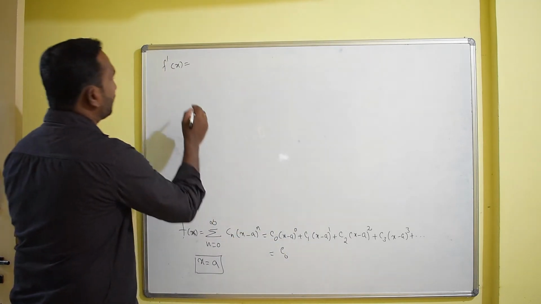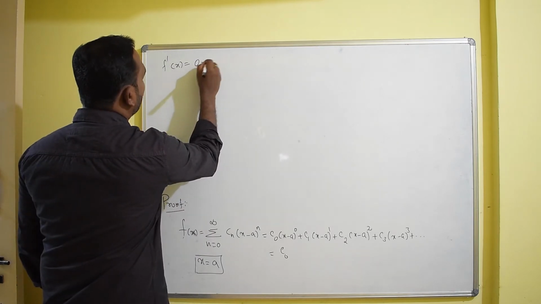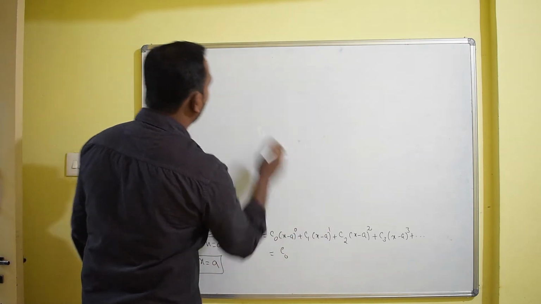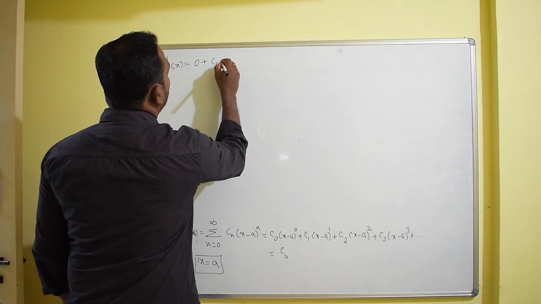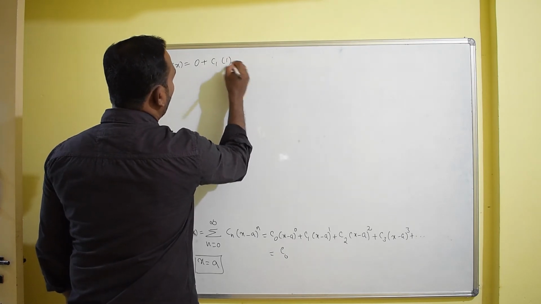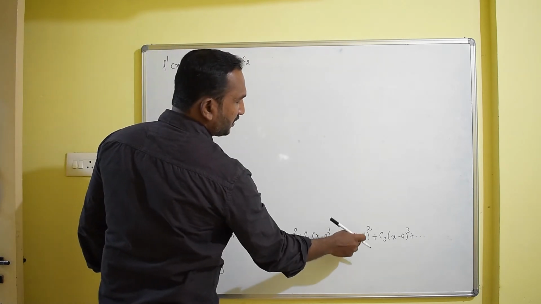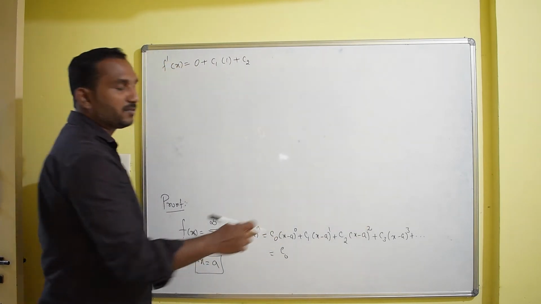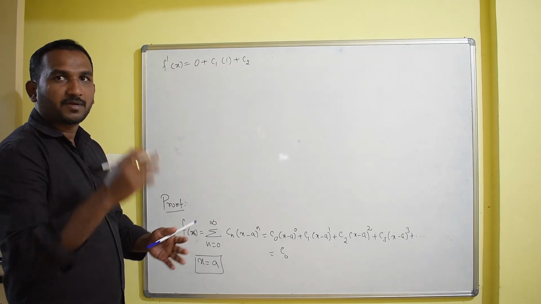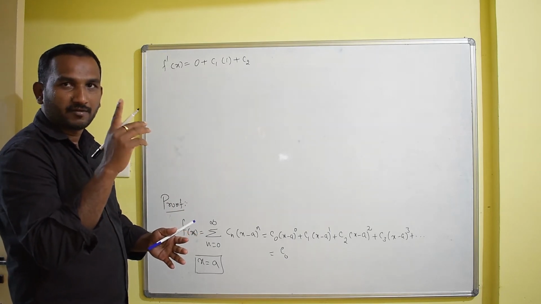The remaining terms: plus c1 with (x minus a) power 1, whose derivative becomes 1; then plus c2, again a constant, with the x power n formula, which becomes 2 times (x minus a) power n minus 1, that is 2 minus 1, giving 1.